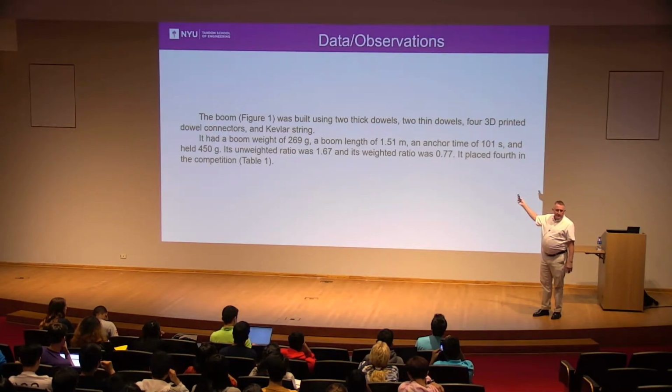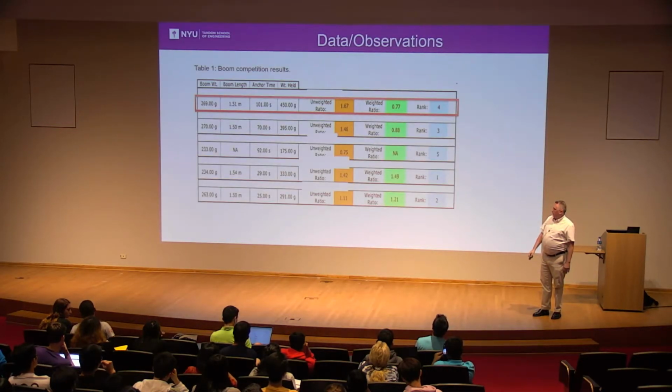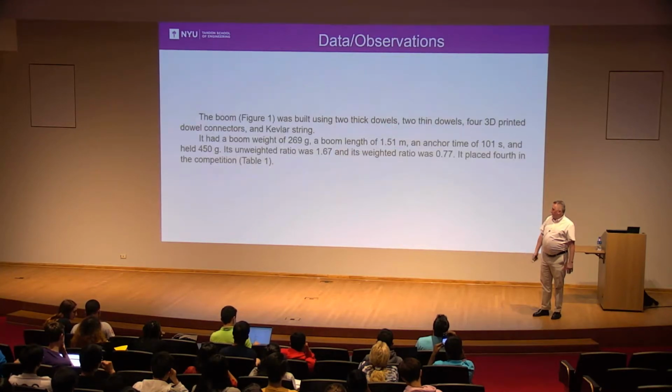There should be some additional information here of what it looked like set up on the anchorage. Then the next paragraph is a discussion of the presentation of the boom weight, boom length, anchor time, and unweighted and weighted ratios. And then it's standing in the competition and a reference to the table, as you can see right there, Table 1. And that's how you refer to Table 1 in the text, like so.